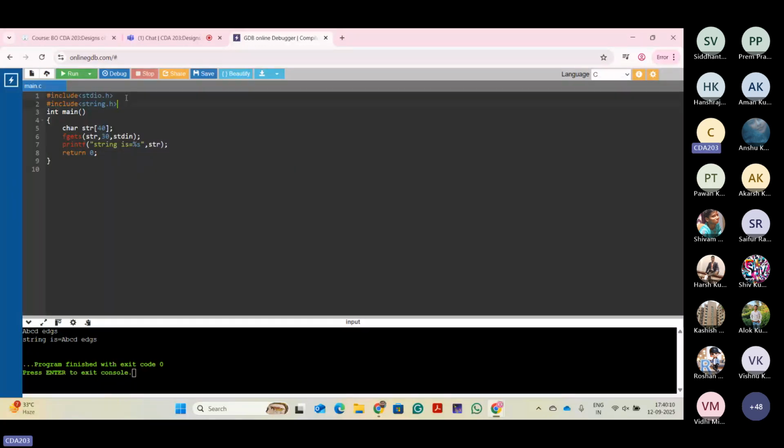So there are numerous ways you can take inputs. There is stdio dot in. This is the way we are dealing with this, but you can define it in your own way.